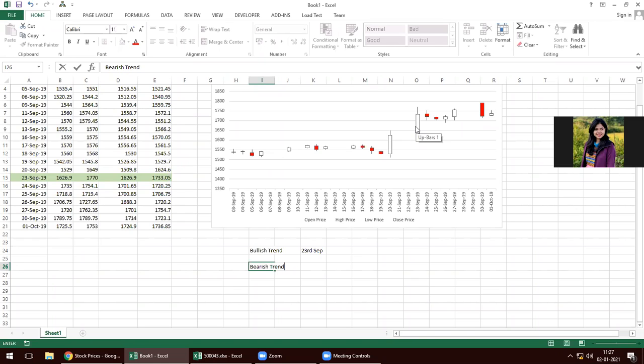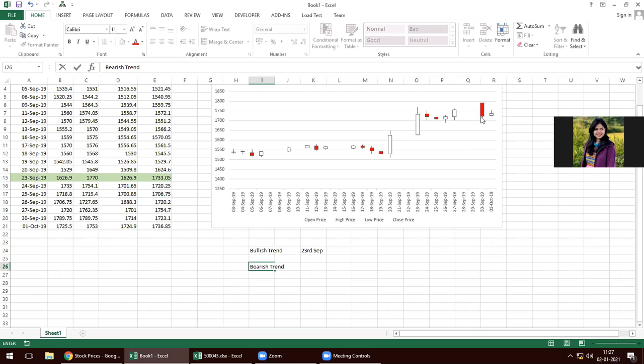Same thing if there is any minus one, a negative trend. You can see here a big negative trend in two places. On 27th September, there is a negative trend, but it is not clear. In the case of 30th September, there is a somewhat negative trend. 30th September, I have mentioned in the red color.